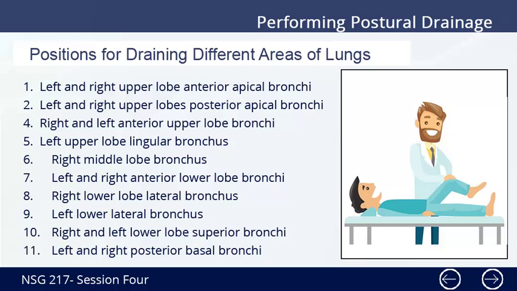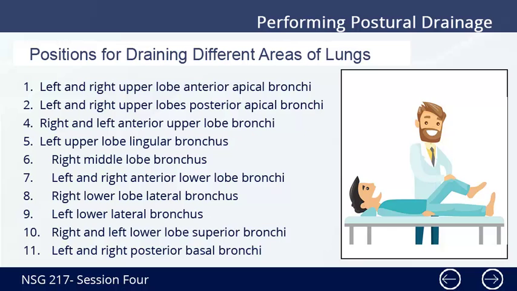Number 7, right lower lobe lateral bronchus. You will have client lie on the left in Trendelenburg position with foot of bed raised to 45 to 50 cm. Percuss and vibrate right side of the chest below scapular posterior to mid axillary line.